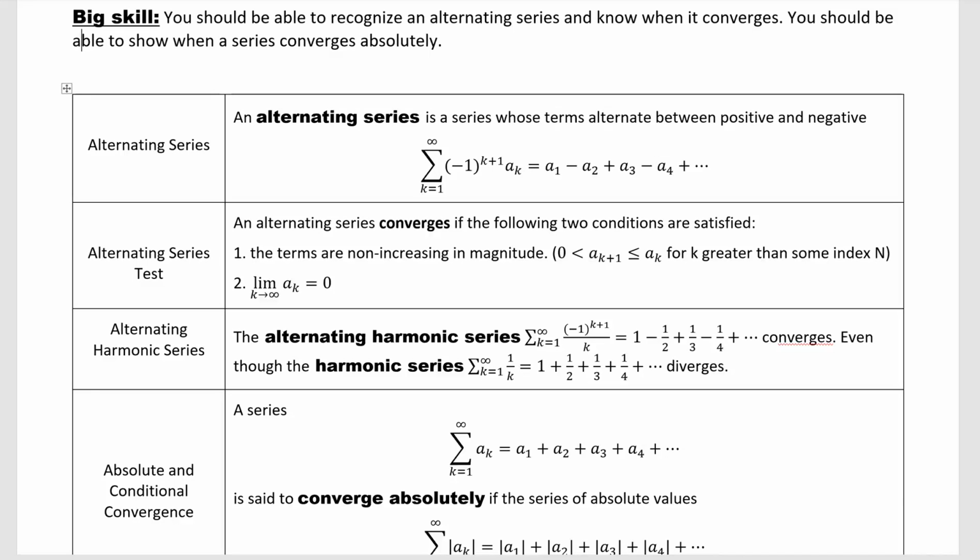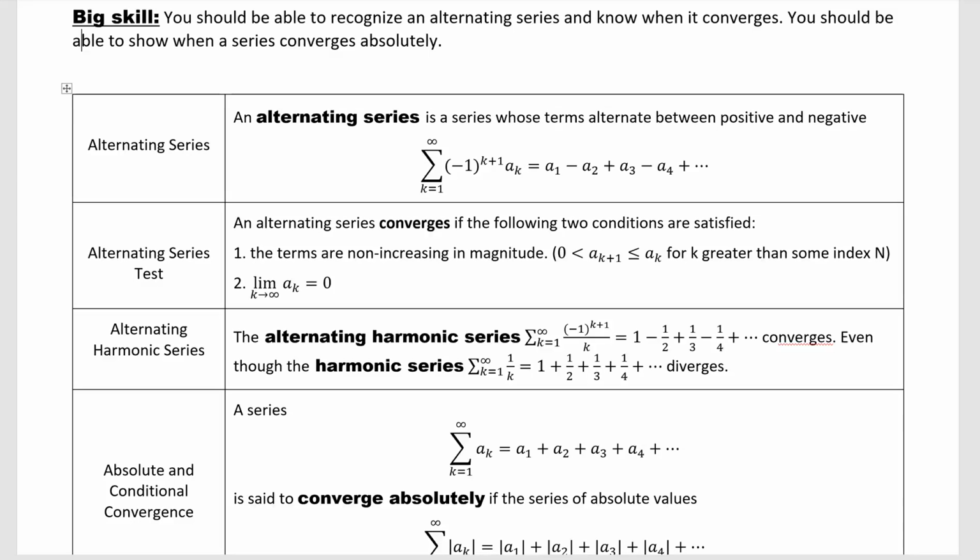For alternating series, we have an alternating series test. An alternating series converges if the following two conditions are satisfied. First, the terms are non-increasing in magnitude. So non-increasing, so it either stays the same or gets smaller, for some big index, so after a big index.